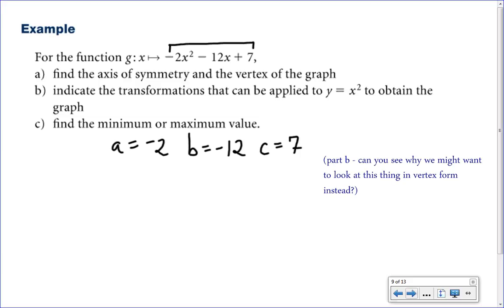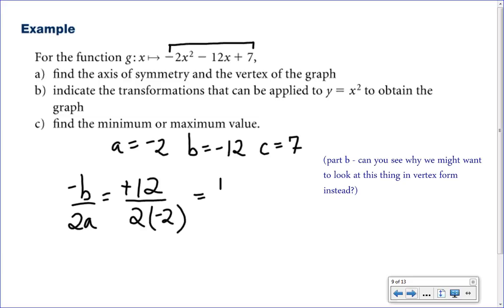First, let's find the x-coordinate of the vertex with our formula, negative b over 2a. This gives us positive 12, because negative 12 becomes positive, divided by 2 times negative 2. This gives us 12 divided by negative 4, and that gives us negative 3. So that's our x-coordinate for our vertex.